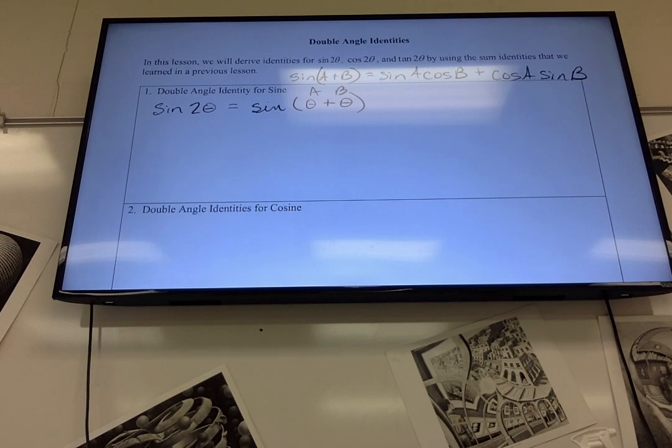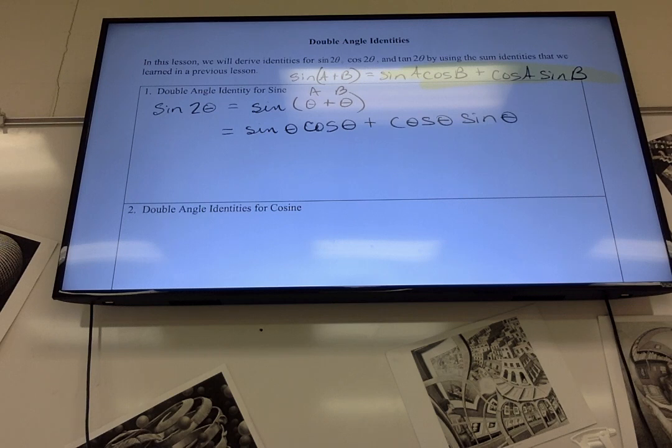It's just saying, hey, if those two are the same, then it's sine of theta. I'm just plugging it into this. Times the cosine of theta plus cosine of theta times the sine of theta. Notice those two are exactly the same.